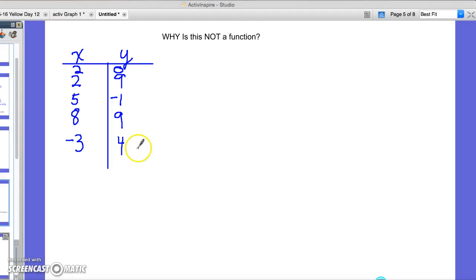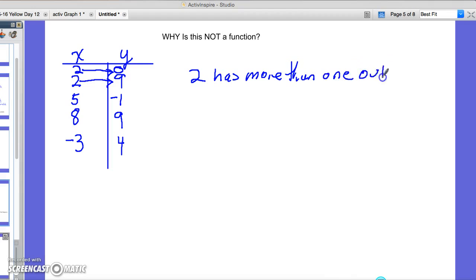All right, so now if I try and match these up, well, here 2 goes with 0. But 2 also goes with 9. So for this value of x, for the value 2, which is in the domain, 2 has more than one output.